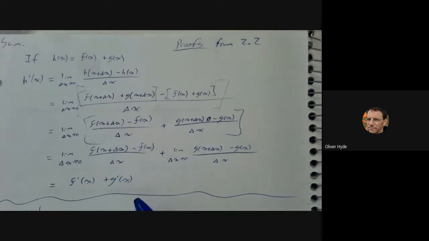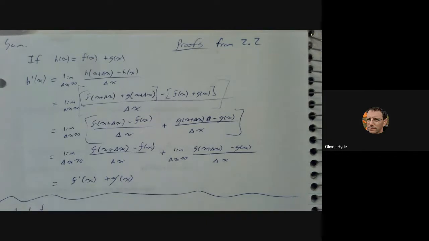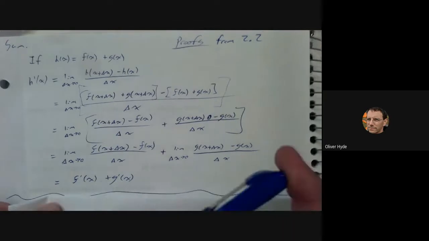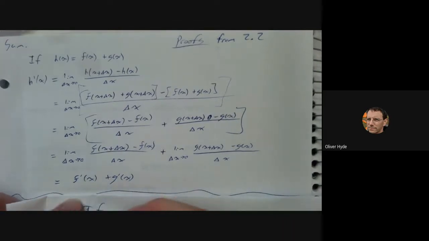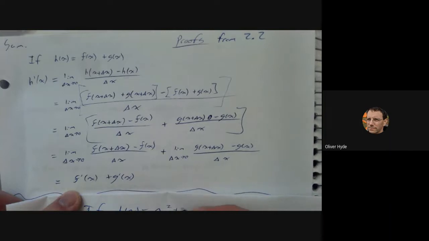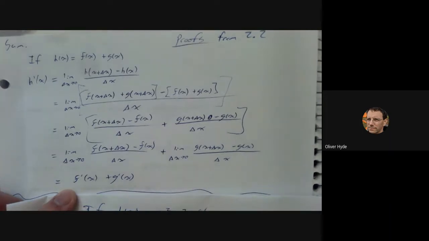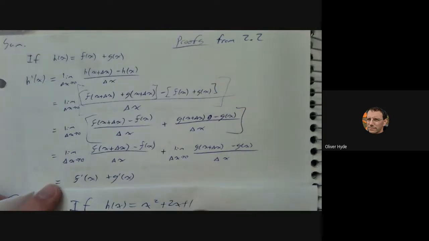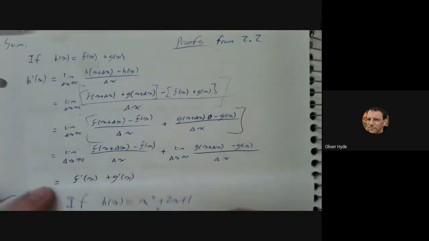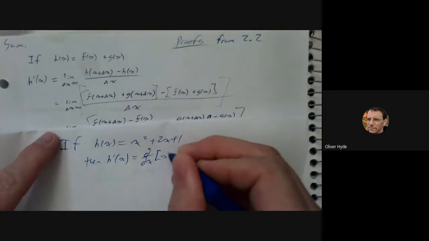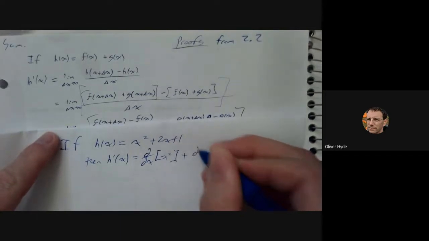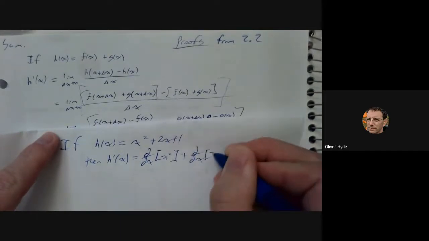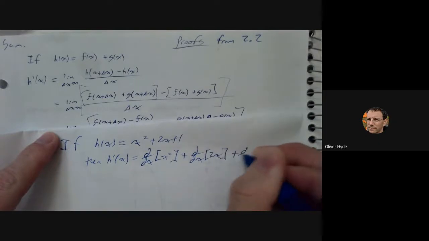So this is super useful for us because if we have, say, let's use scrap paper again. If h of x is, I don't know, x squared plus 2x plus 1, then h prime of x is going to be, let's mix up notations a little bit, the derivative of the first plus the derivative of the second plus the derivative of the third.